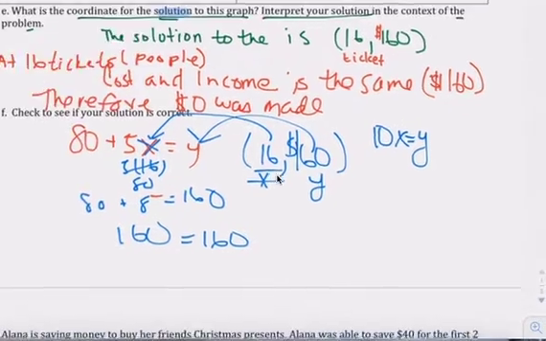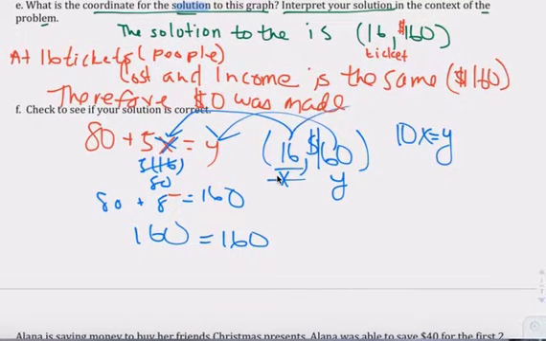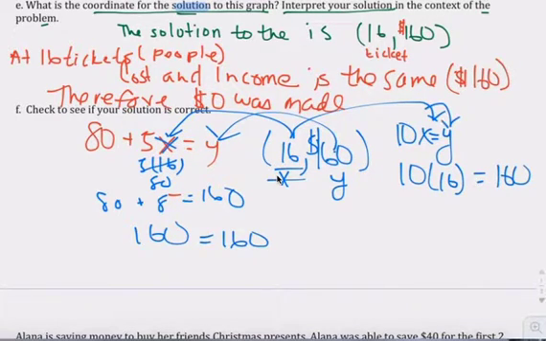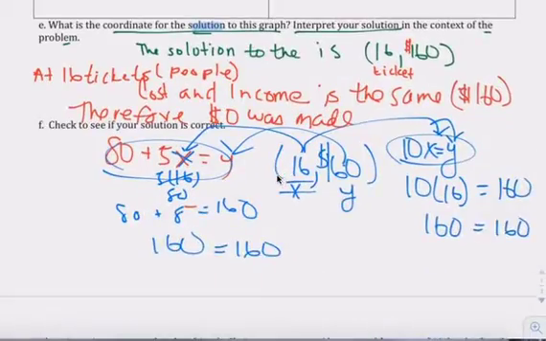Same thing here, use the same number 16. 10 times 16 should be 160 if you substitute in y. 160 equals 160. So it works for both equations, so you know your answer is correct.